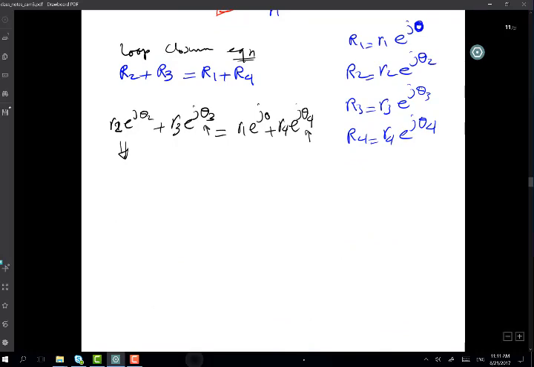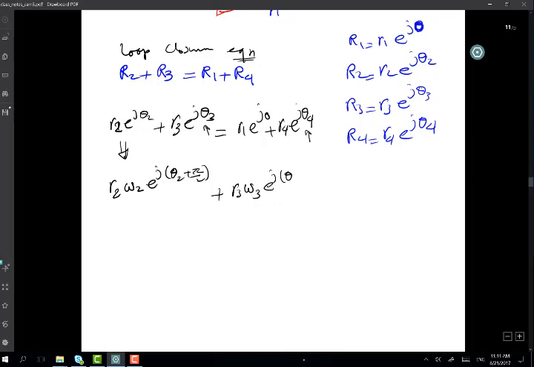So when I do the derivative, this will be R2 omega 2 multiplied by e to the j, and you add 90 to your angle, or pi over 2, right? Okay, that's plus R3 omega 3, which is the derivative of the angle concerned, in this term.